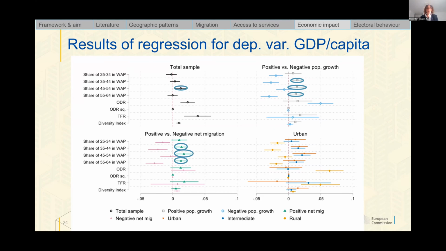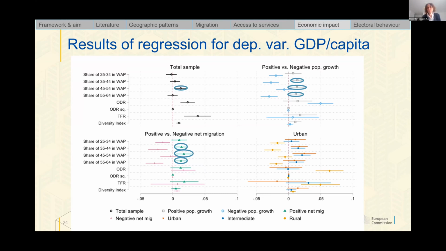If we go finer, we see that there is a considerable heterogeneity among the region subgroups. So in regions that experience population growth, which might be contributed by migration, the association is actually positive and significant for the three broad age groups, basically from the age of 35 to the age of 64.